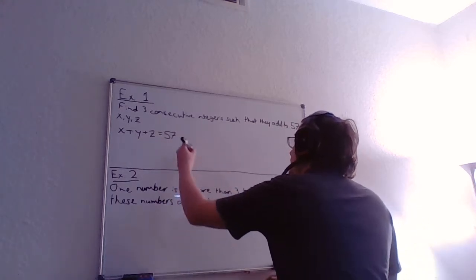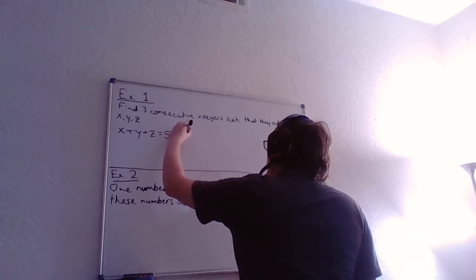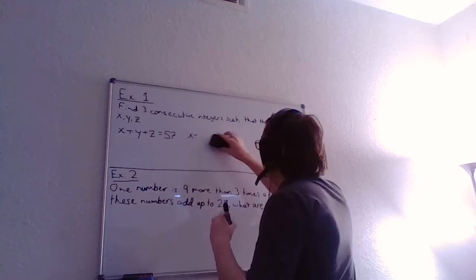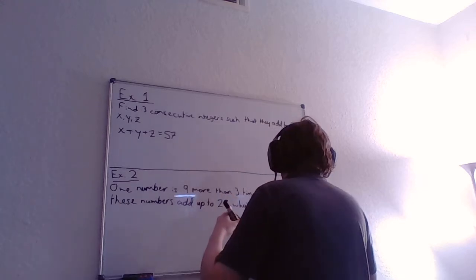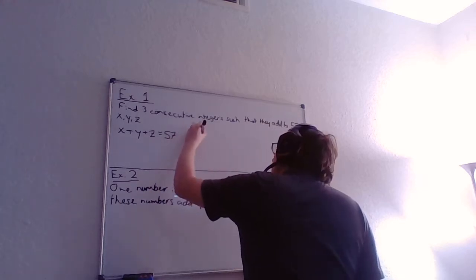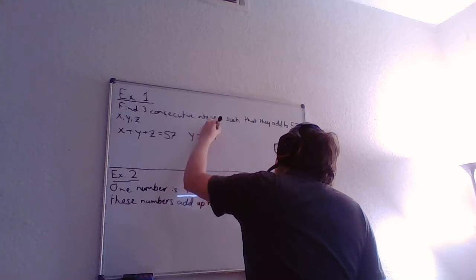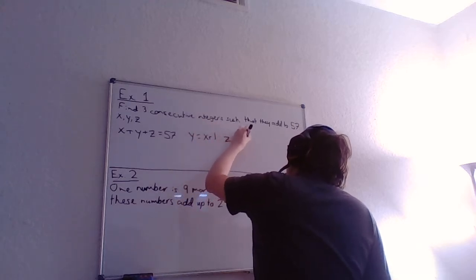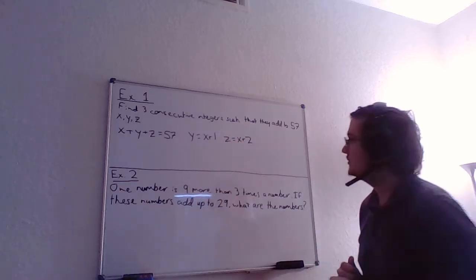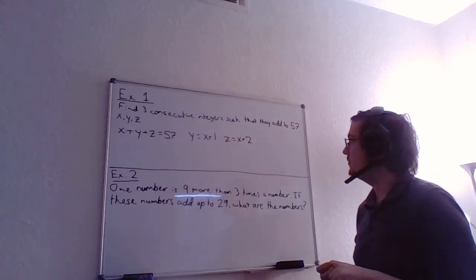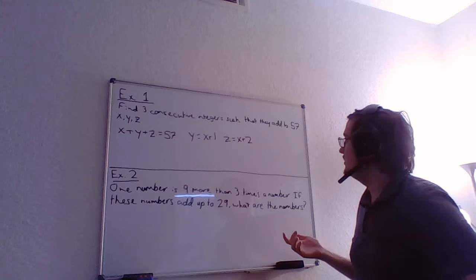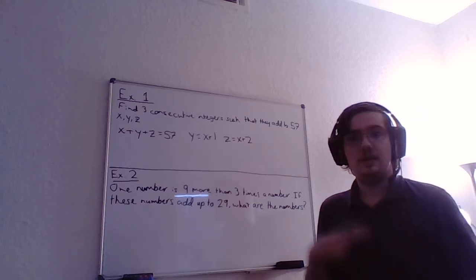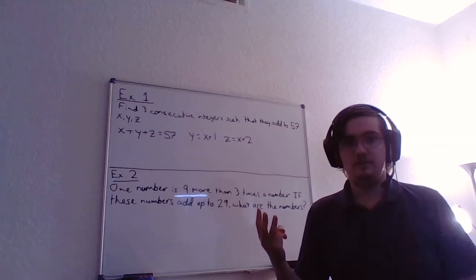So that means y is x plus 1, z is x plus 2, right? So now you see that these would be consecutive. You'd have x, x plus 1, x plus 2.